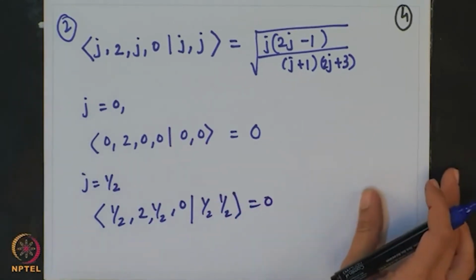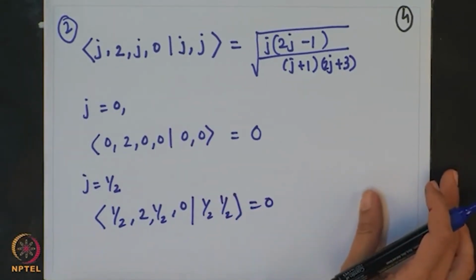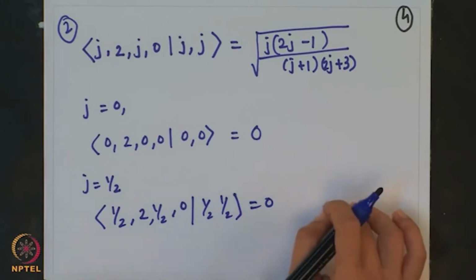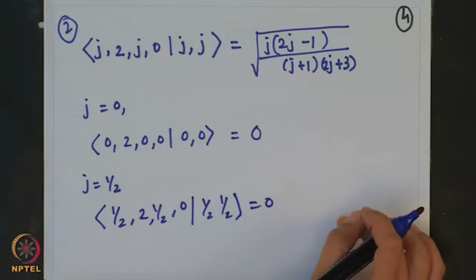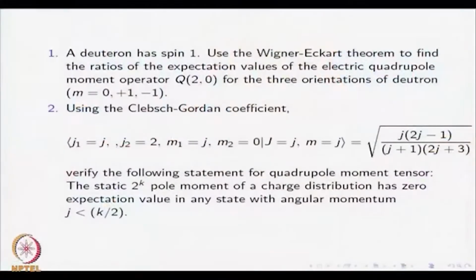So, by inspection you can see that these terms are 0, and in the question you are asked to verify the statement that the quadrupole moment, the static 2 raised to k pole moment of the charge distribution is 0, and the expectation value of this state with angular momentum.